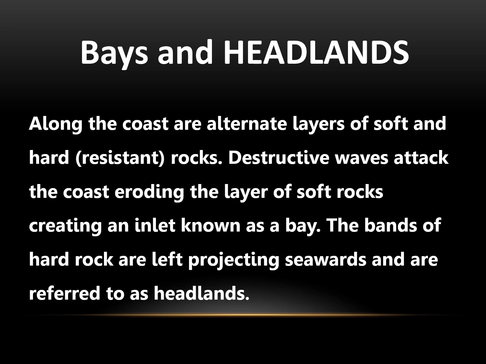Now these alternate layers of hard rock and soft rocks are going to be under constant attack by destructive waves. These destructive waves are going to easily erode the layers of soft rocks, creating an inlet along the coast.